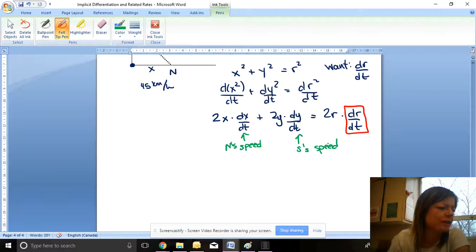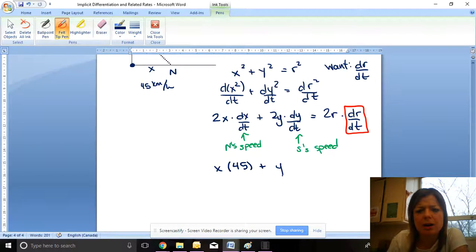We can fill those in, and we can also divide everything by 2 to get rid of the 2's. So we have x times her speed, 45, plus y times her speed, 40, equals r times dr/dt.